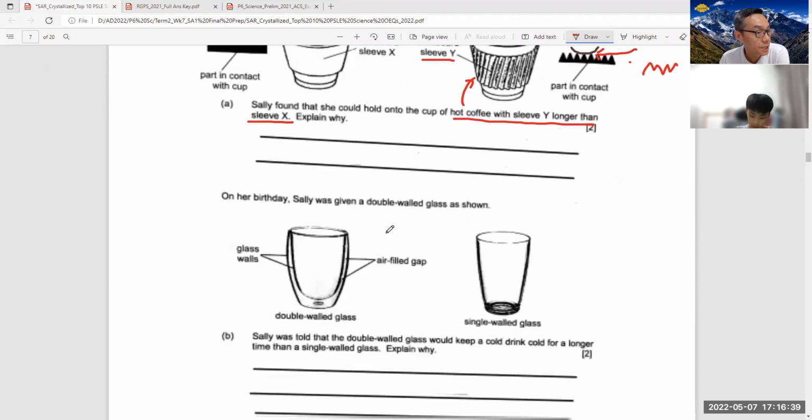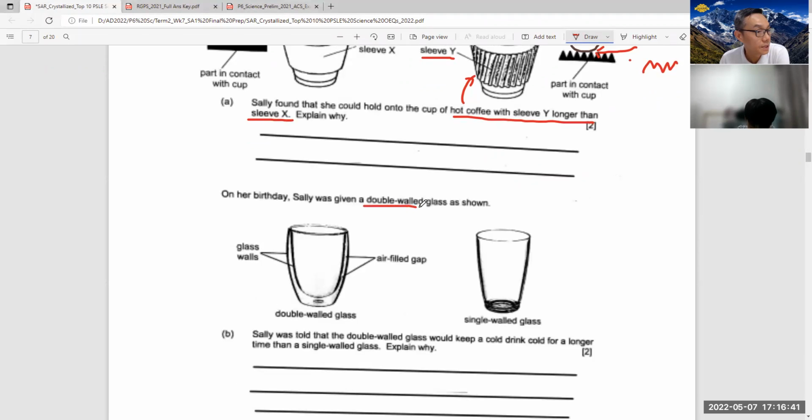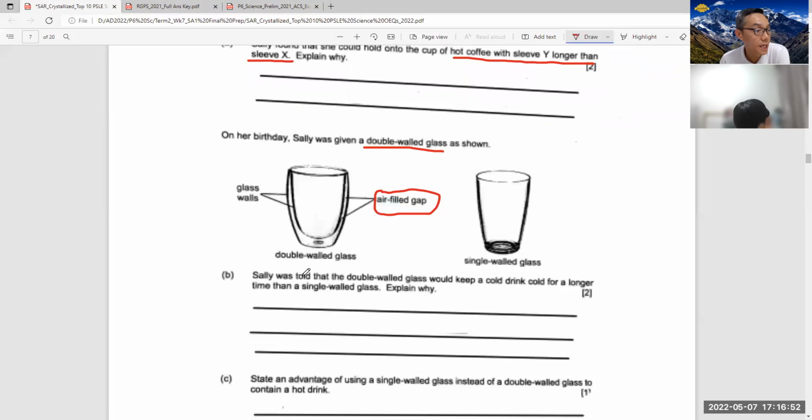Okay, next, this part, the double glass wall. You notice here, there's air here, so you must understand the property of air. Air is a poor conductor of heat. Sally was told that a double walled glass would keep a cold drink cold for a longer time than a single wall glass.